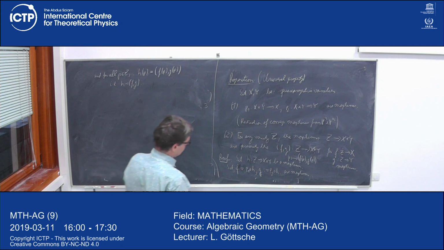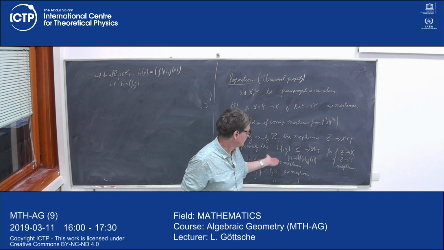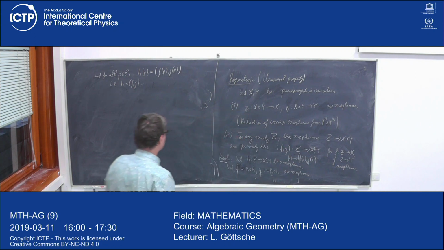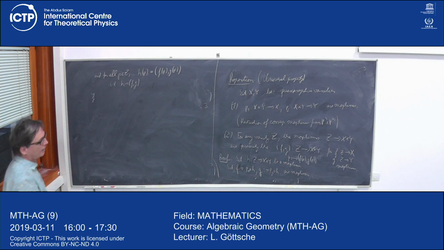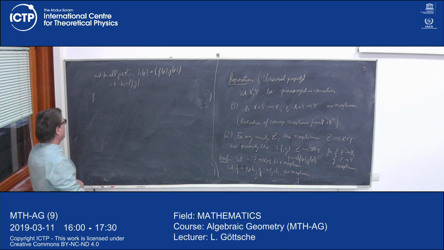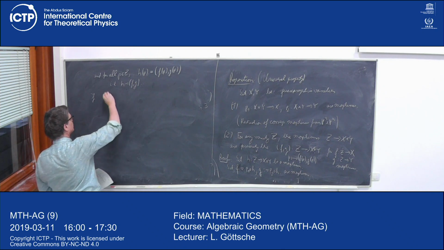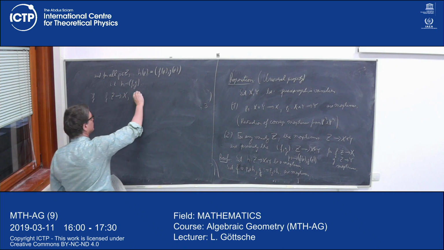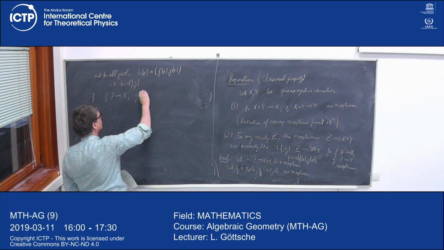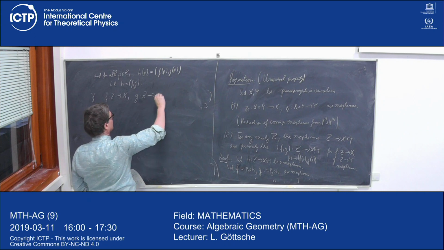Conversely, if I have a pair of such morphisms, then I have to see that this gives me a morphism to the product. So say F from Z to X and G from Z to Y are morphisms.